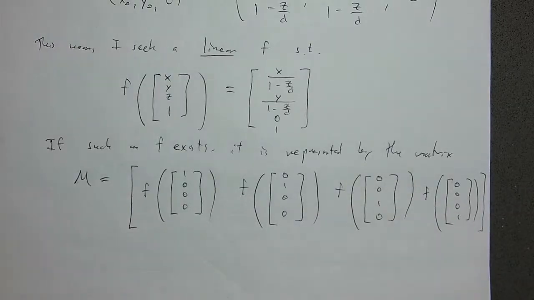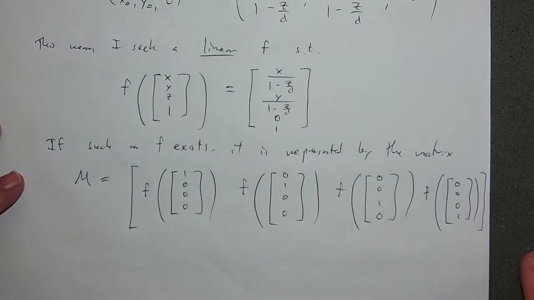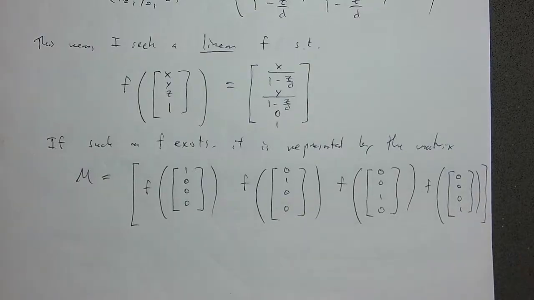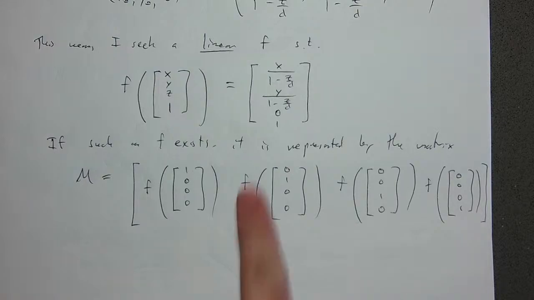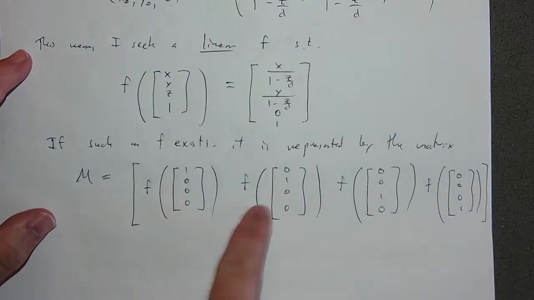Okay. Now, let's do the trick that we always did to try to compute these things, right? Let's try to actually evaluate every single one of these things just using what this f would have to do based on this. But actually, this is pretty straightforward.